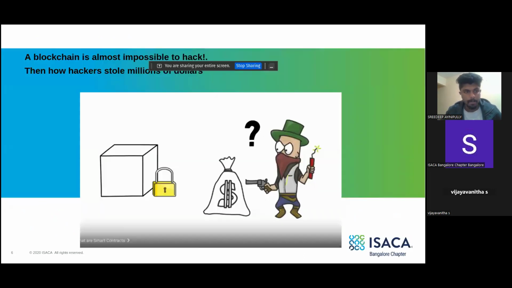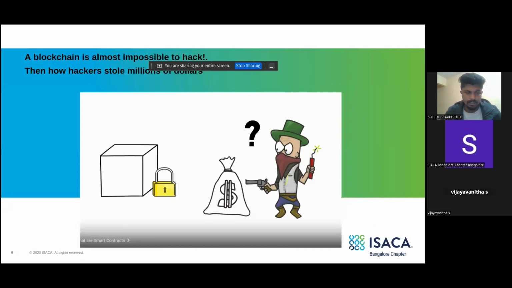Consider I have talked about blockchain, and it is immutable and decentralized. So the technology is almost impossible to hack, because it is developed and works in that manner. There are a lot of attacks considered on blockchain.